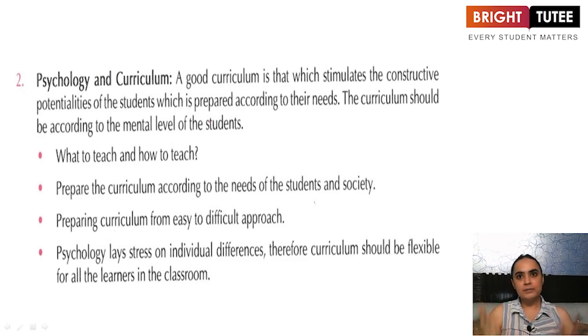Flexible for the learners means that one child may have different capabilities, as we have been advocating, right? So there should always be a possibility for a child to learn according to his or her interests. The curriculum should be planned in such a manner that there is a possibility of changing it according to the needs of the children.